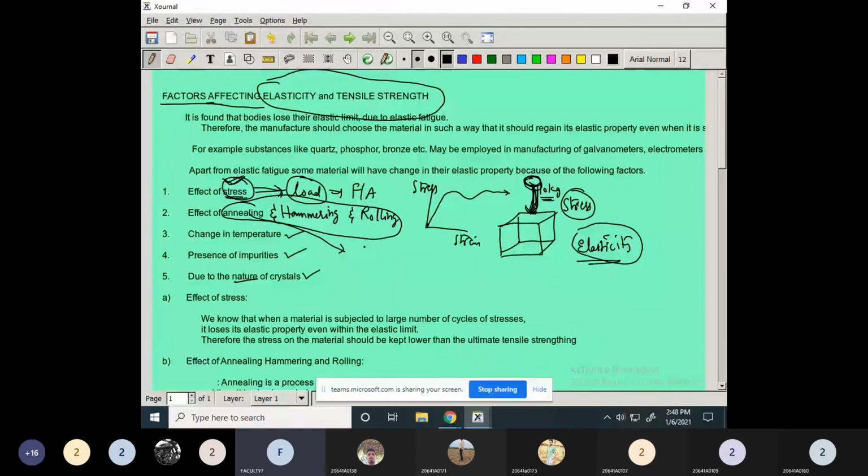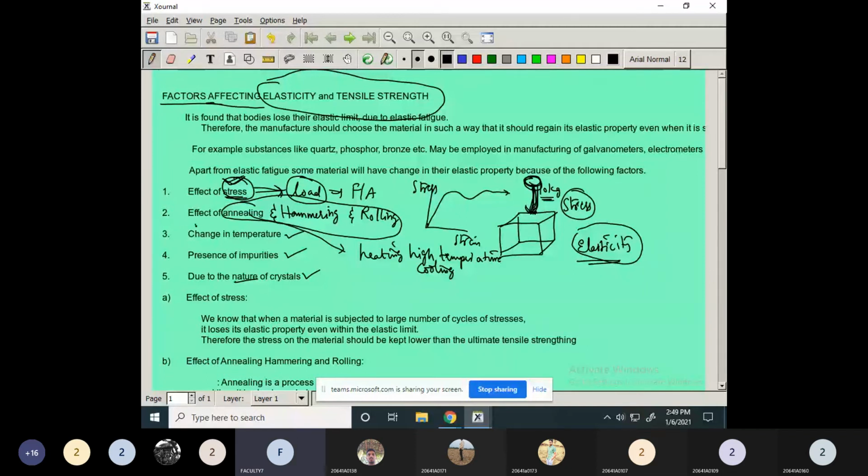Annealing means heating to high temperatures, and thereafter you are cooling it slowly. That process is known as annealing. This is going to affect the elasticity as well as the tensile strength.